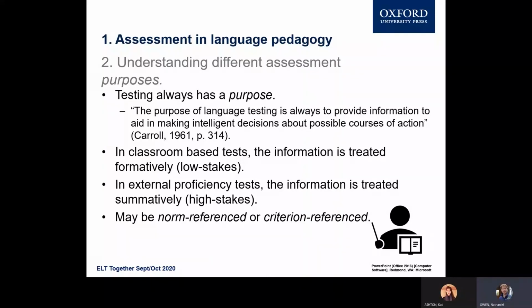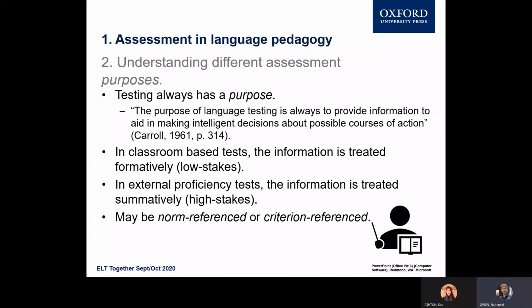This, of course, is a form of very low stakes assessment, as in the performance in the test won't have any significant impact on your future educational opportunities. But nonetheless, we still think this is an important form of testing if it actually contributes towards positive experiences of teaching and learning. And then the external proficiency tests are an example of a high stakes test.